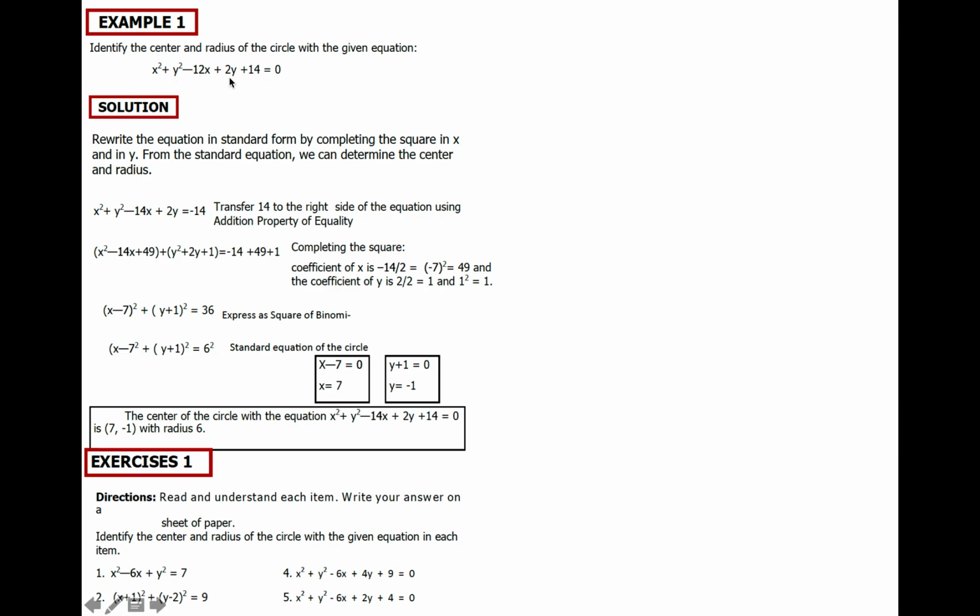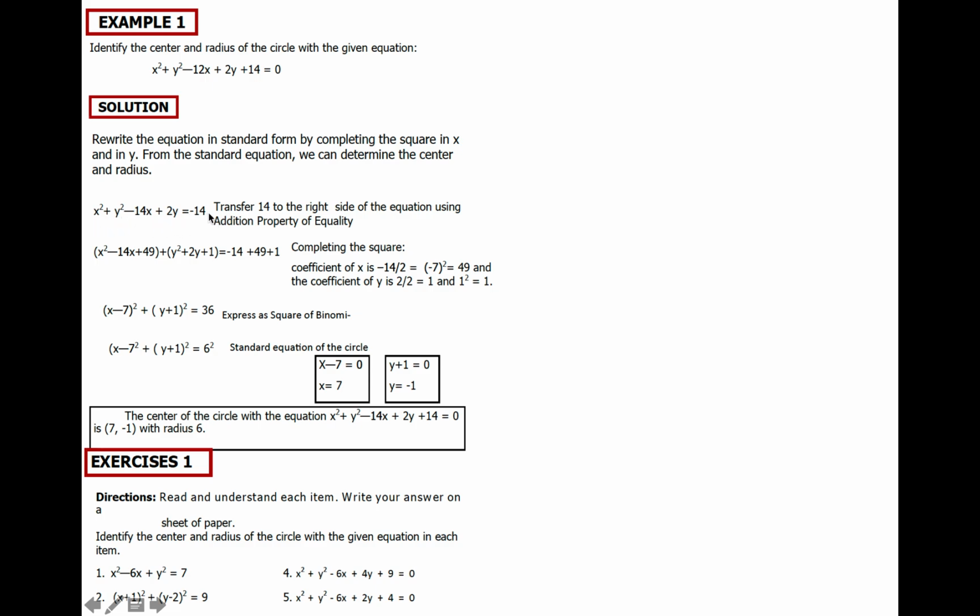Okay, so how would you identify the center and the radius if your circle is written in general form? Like what we have mentioned earlier, we need to do completing the square. So given x squared plus y squared minus 14x plus 2y equals negative 14, by the addition property of equality, you'll have this expression now here.